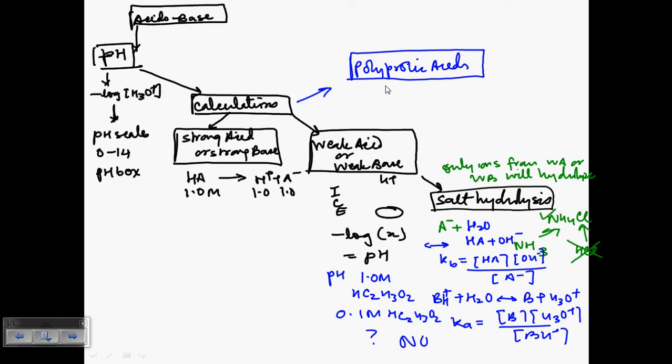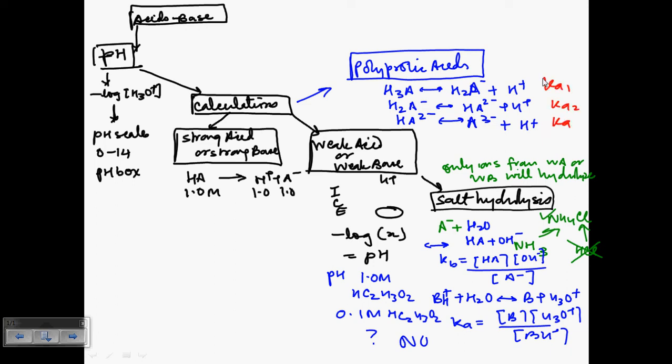So if it is a polyprotic acid H3A, it will break into H2A minus plus H plus, and then H2A minus will break into HA2 minus plus H plus, and HA2 minus will break into A3 minus plus H plus, and corresponding you can write Ka1 expression, Ka2 and Ka3.